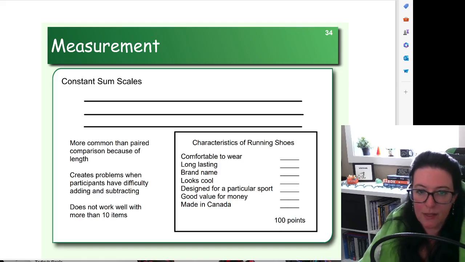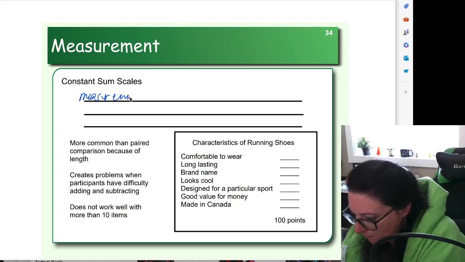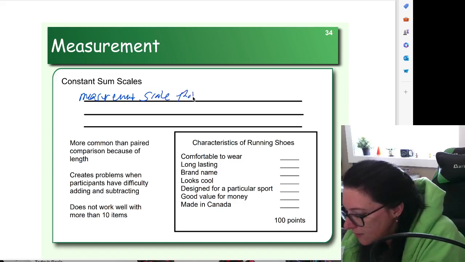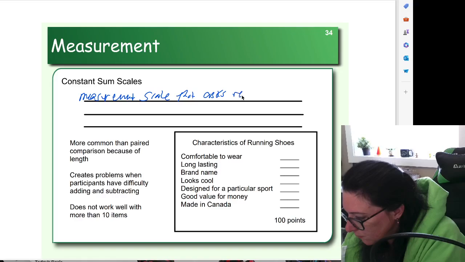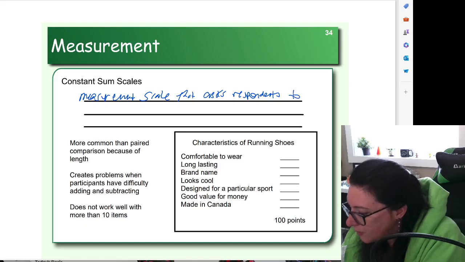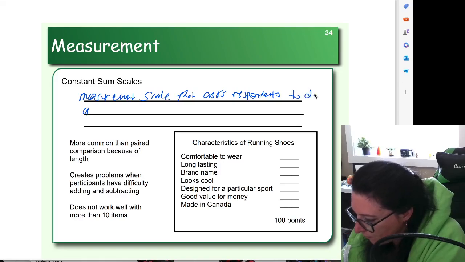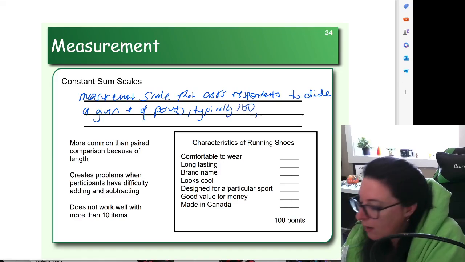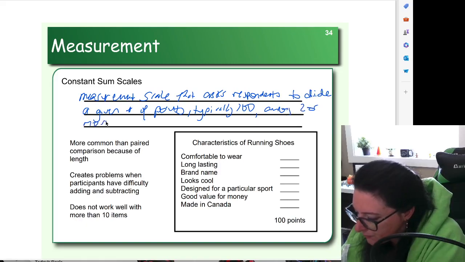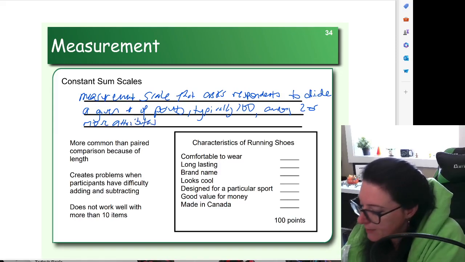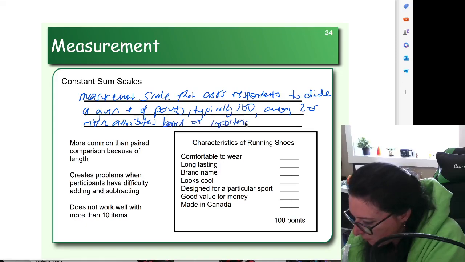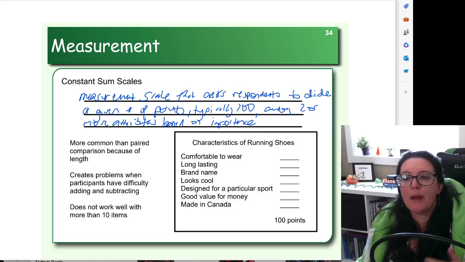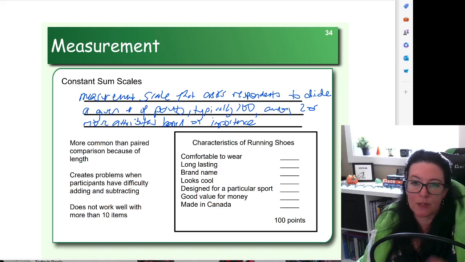A constant sum scale is a measurement scale that asks respondents to divide a given number of points, typically 100, among 2 or more attributes based on importance.